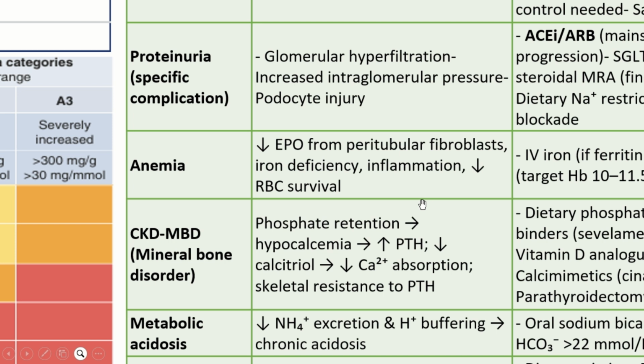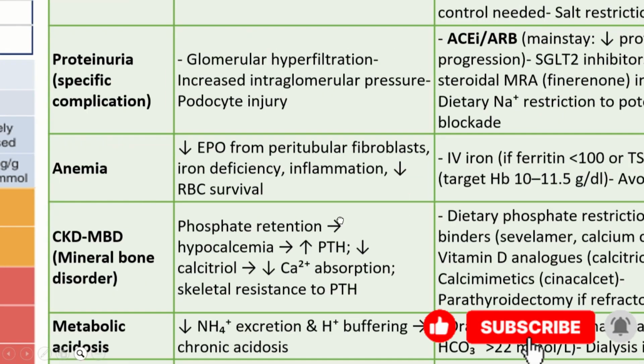Then anemia. Anemia is going to come from various things, and it's important that before you consider giving erythropoietin, which is the hormone produced by the kidneys that helps signal the bone marrow to produce cells, you first try and solve any other things that could be causing the loss of red blood cells.